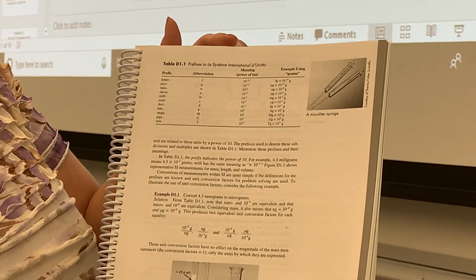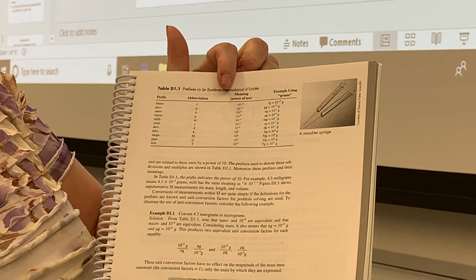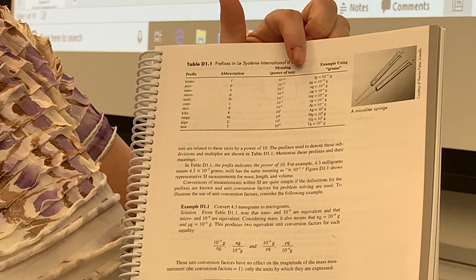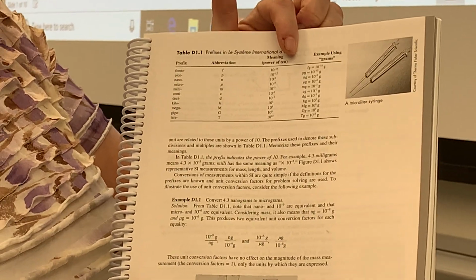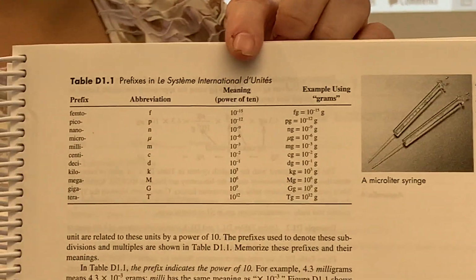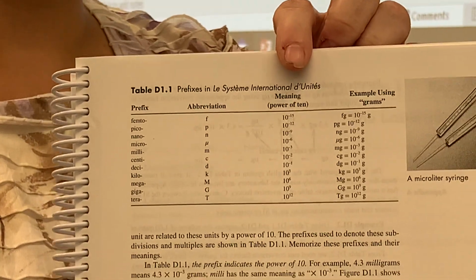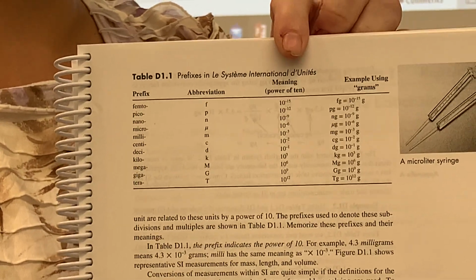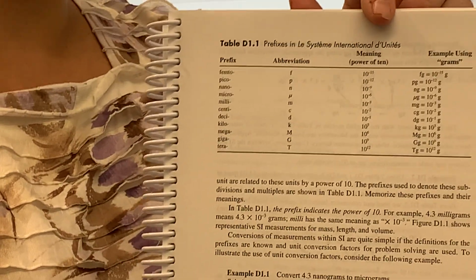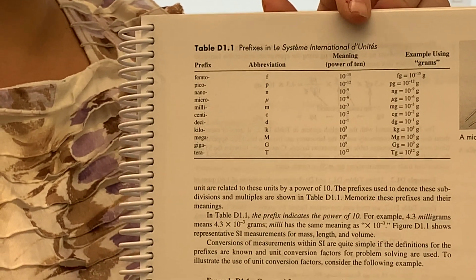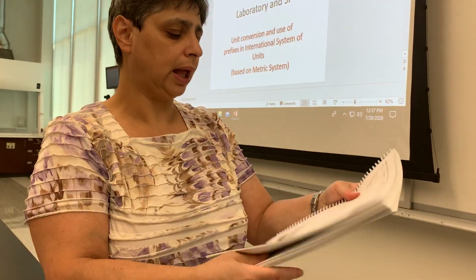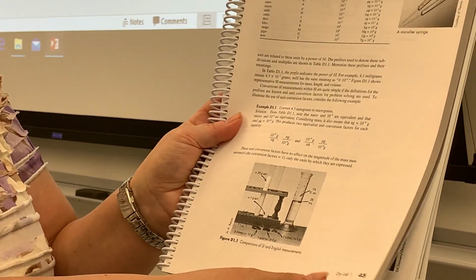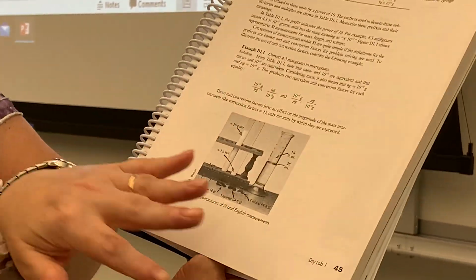I'd like to emphasize that all these prefixes and their meanings, and being able to use them in calculations, is something you will be expected to be familiar with, and memorization of these prefixes is expected. I'm going to show you some examples of how these prefixes are used shortly. And then there are some examples that are helpful in setting up a problem, converting between prefixes.